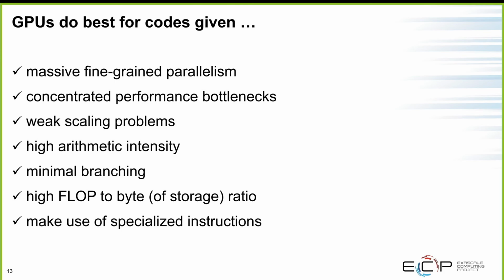And one of the things that we've had a lot of trouble with, as I mentioned earlier today, is strong scaling problems. Strong scaling problems are difficult just because if you have a fixed problem size, you increase the number of GPUs, then the problem size per GPU is smaller, and a GPU depends on exactly the opposite to be able to achieve near peak of its theoretical performance. You need to really oversubscribe it, right? So what looks really good on one GPU might not run very well on a big cluster of GPUs.